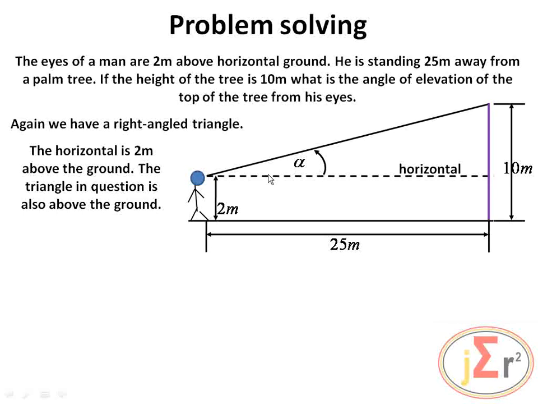And this is the horizontal, and this is the inclination line that shows the inclination of the top of the palm tree from his eyes. And of course the triangle is completed on that side right there. So that is your triangle, this one that we have right here. Good. We have that highlighted so everyone can see.